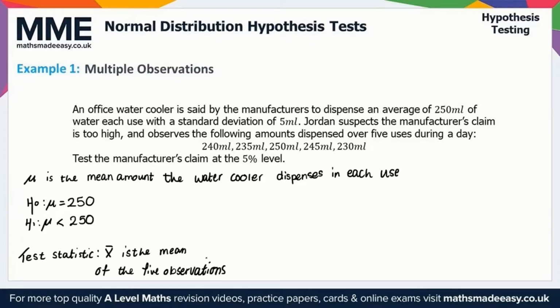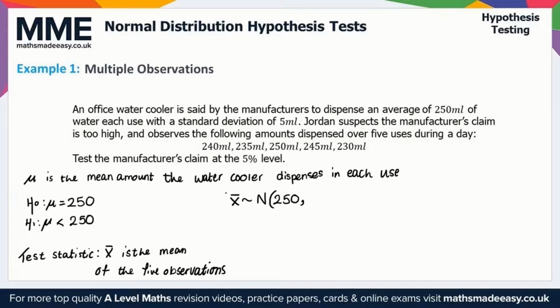So now let's define our distribution here. In this case, we know the mean here, or x bar, is simply going to be a normal distribution. It's a normal distribution hypothesis test. The mean amount is what we're given here, 250. But we have to be slightly careful in regards to the standard deviation here.